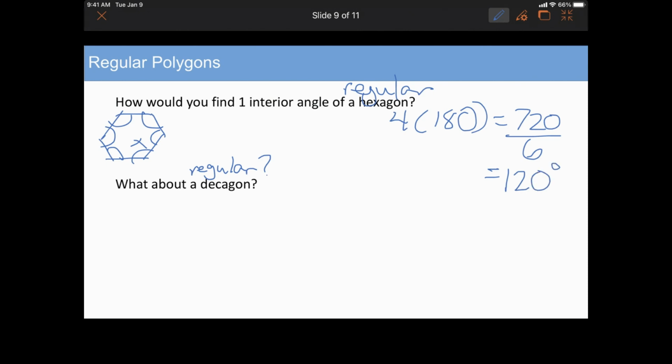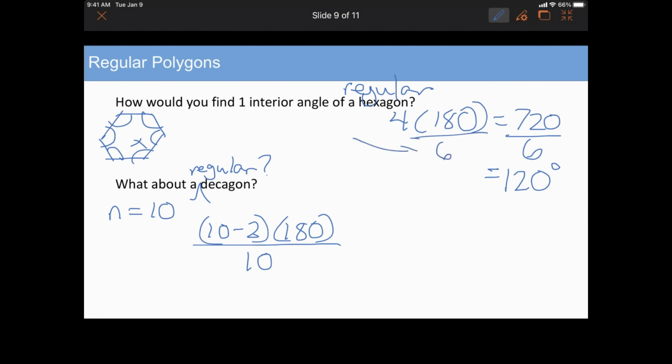What about a regular decagon? Well, first we find all of them. So n equals 10. So 10 minus 2 times 180. And then we're going to divide by n, by how many you have. Number of sides.